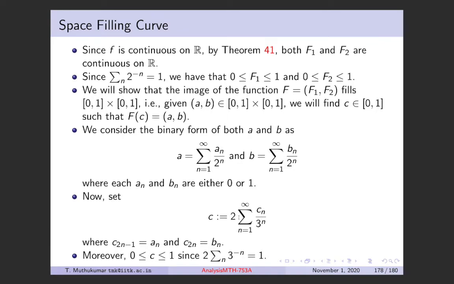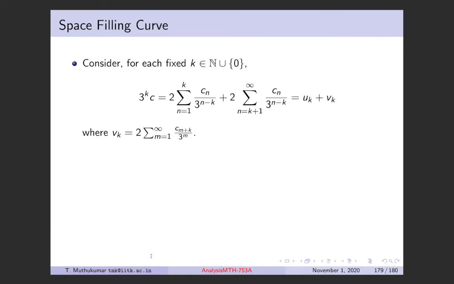The value of C is between 0 and 1 because Cn is either 0 or 1, so this is less than or equal to 1 times this series, and that series is 1. So the value of C is between 0 and 1.